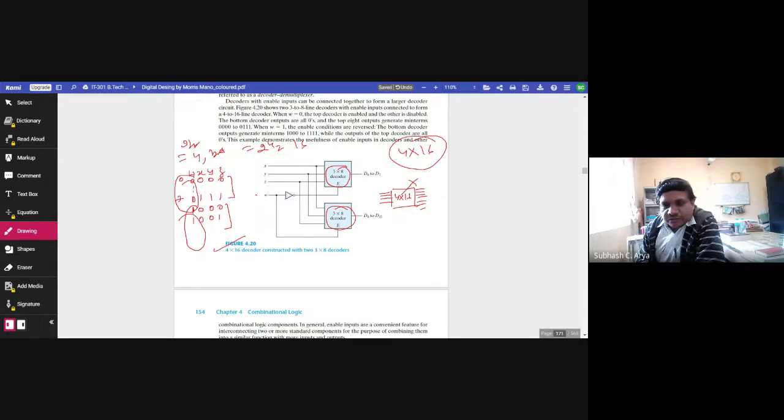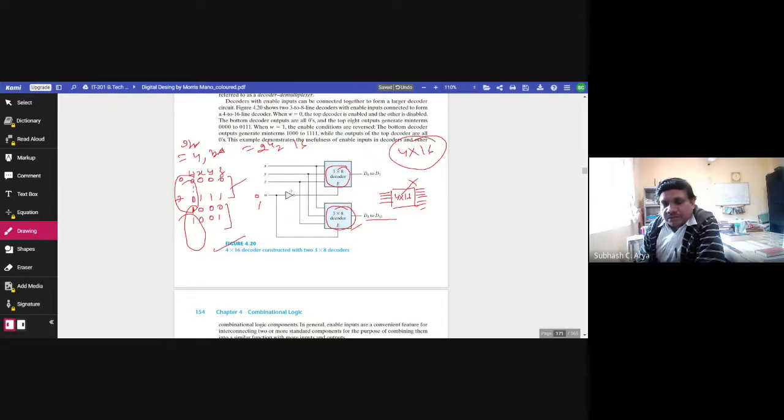If W is 0, it means the first half, the 3 to 8 line decoder, is working and you will get this output. If W is 1, that is from 8 to 15, then the lower 3 to 8 line decoder is functional and giving the output D8 to D15.